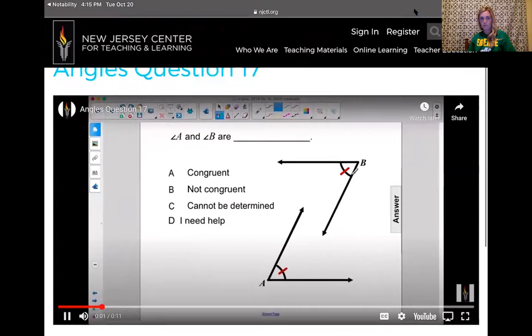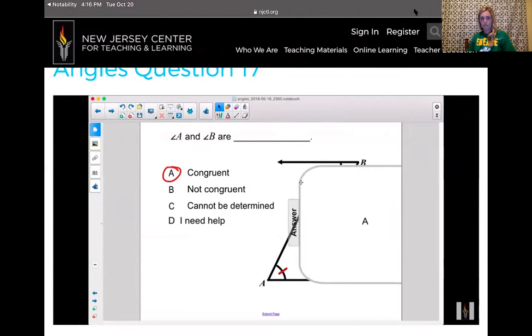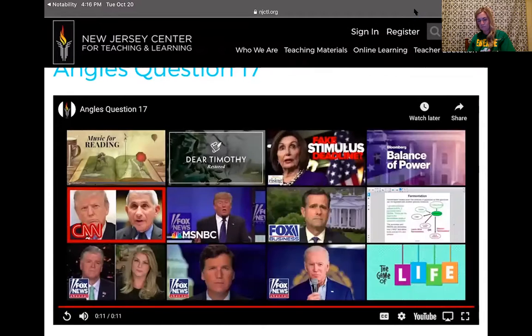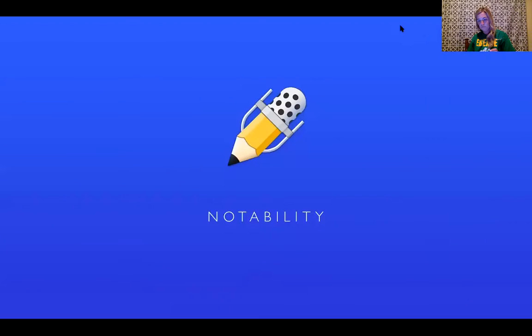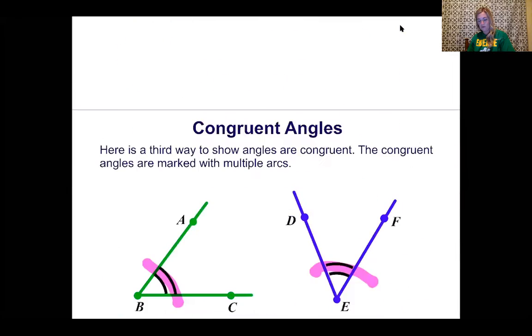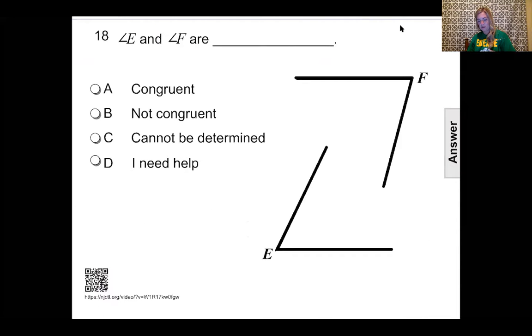Angle A and angle B are congruent because they both have an arc and one slash. So they are congruent. A. Back to question 18.